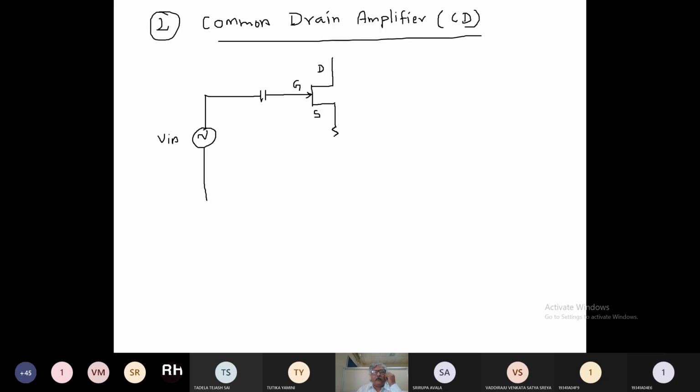Okay, at the source we are having this resistor RS, right? And the drain we have connected to plus VDD, right?